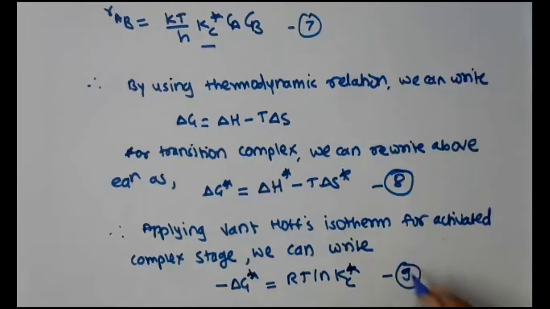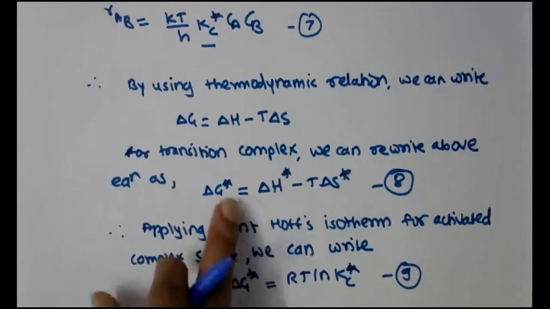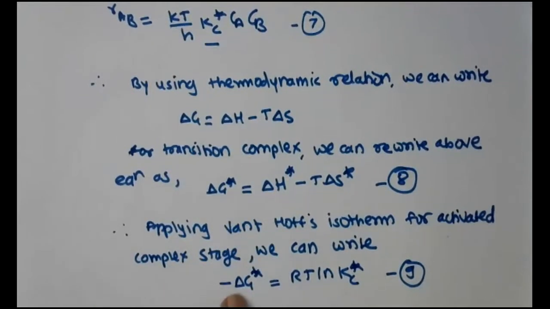Now you must have realized why I wrote these two relations. Delta G star is equal to delta H star minus T delta S star, and minus delta G star is equal to RT ln of Kc star. This is the fundamental property relation, or thermodynamic relation. This is Van 't Hoff's isotherm, which relates free energy change, temperature, and equilibrium constant.